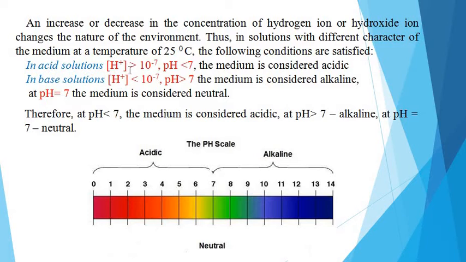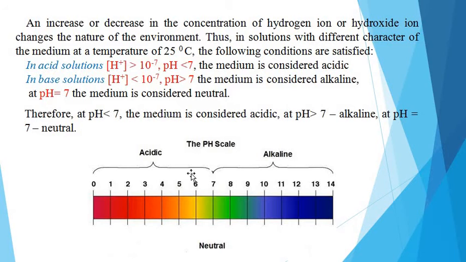In acidic solutions, the concentration of hydrogen ions is more than 10 to the minus 7 and pH is less than 7. The medium is considered acidic. In basic solutions, the concentration of hydrogen ions is less than 10 to the minus 7 power, so pH is more than 7, and the medium is considered alkaline. At pH equals 7, the medium is considered neutral.